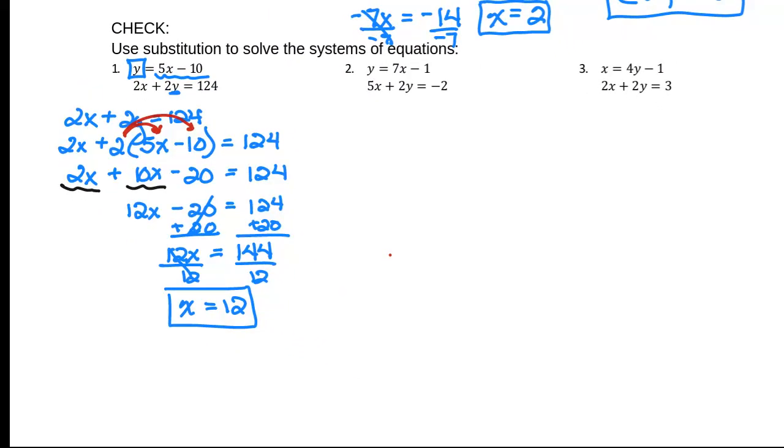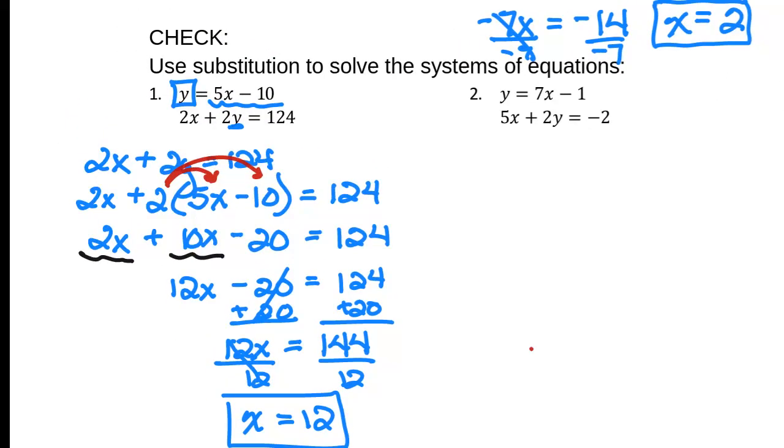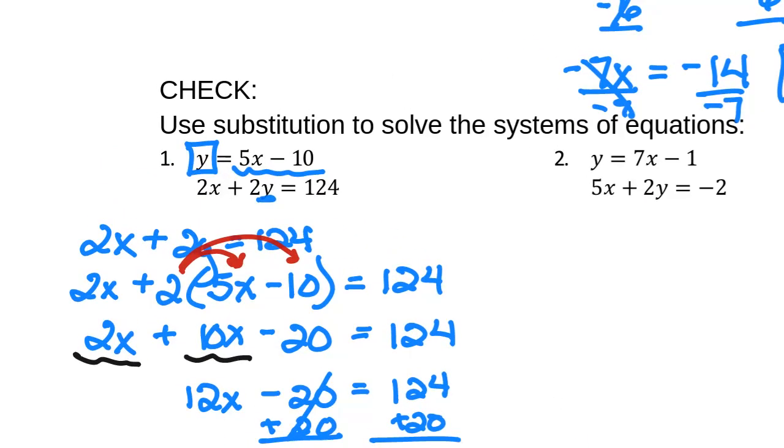So if that is my x amount, okay, substitute it back in for either equation. Now, as you look at these, again, you have x. You want y. Y is already isolated here, so substitute 12 right here in place of this x.